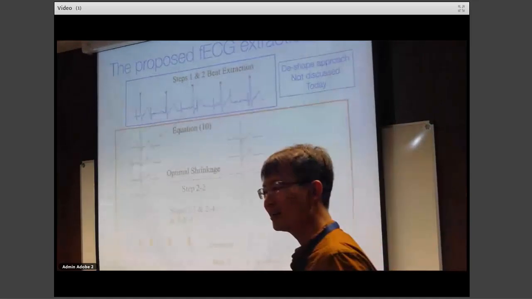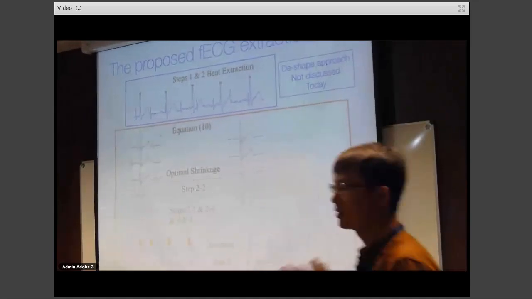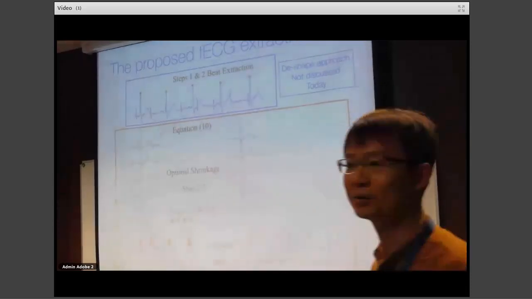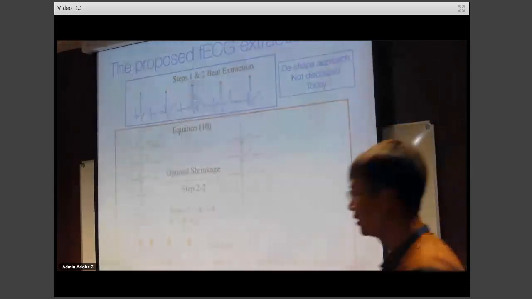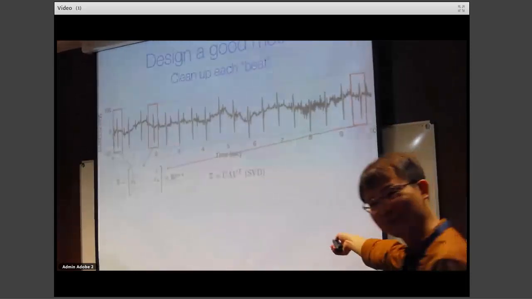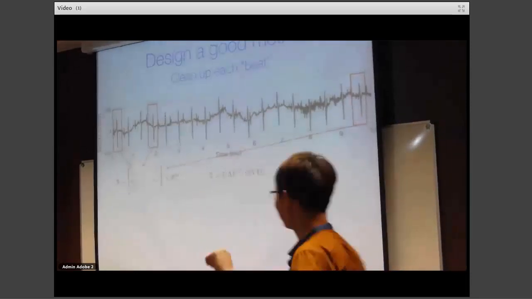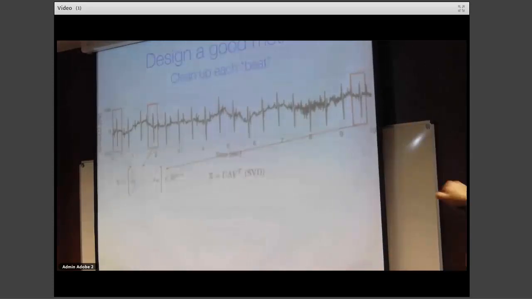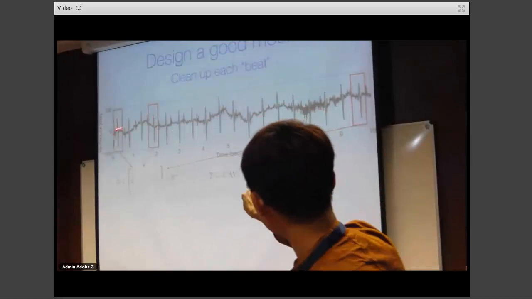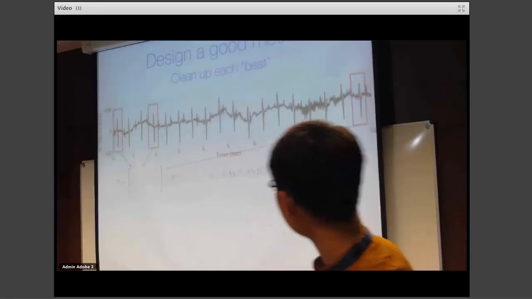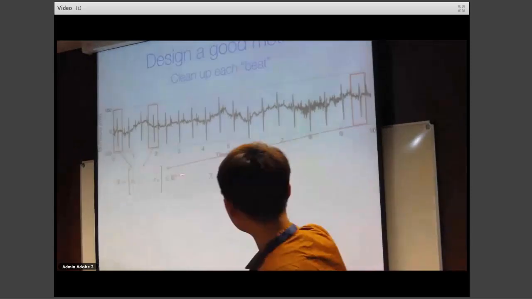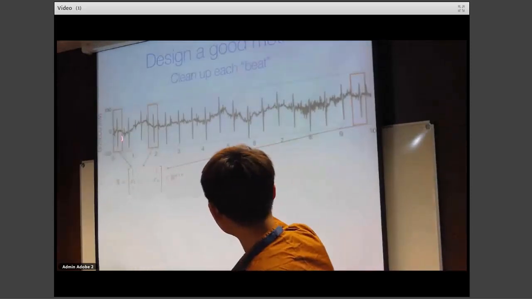I will try to make it as brief as possible in the next three slides. So in the next three slides, there will be one slide which will contain some mathematical equations, which I apologize for because I really don't know how to make it animation. But I hope it can do you a good job if you know some linear algebra. So what you do is you have several beats, okay, and you just pour all those beats into a big matrix called X. Okay, so you have P and N. P means the length of each beat cycle.